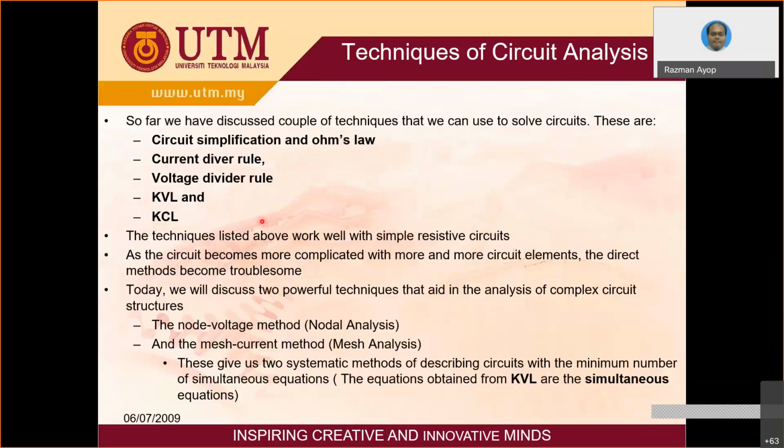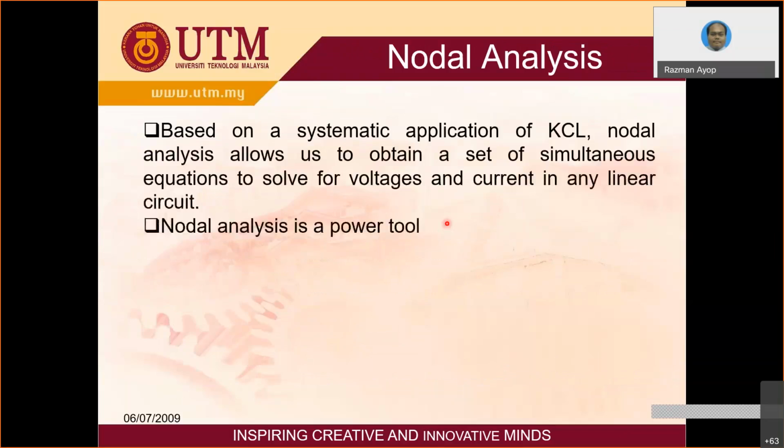So in the test or final, they will usually question you whether to use this method or loop or nodal analysis method. So today we will learn about nodal and mesh analysis method. So we start with nodal analysis.